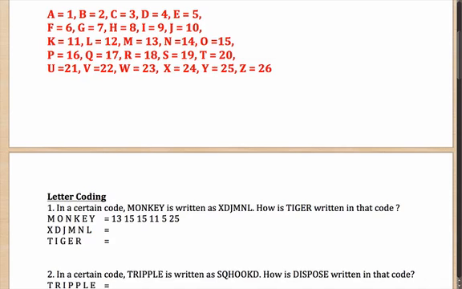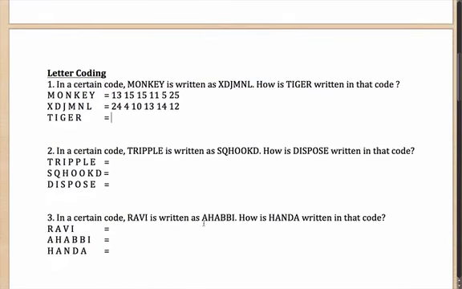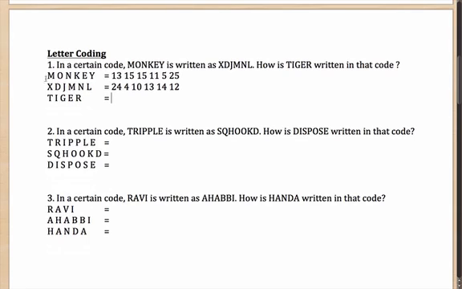Very similarly, this XD thing: X is 24, D is 4, J is 10, M is 13, N is 14, and L is 12. Now, your task is to observe the pattern in these two, which you should be able to do in less than 30 seconds.